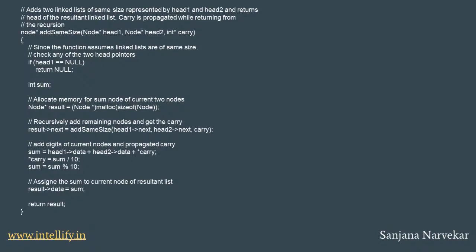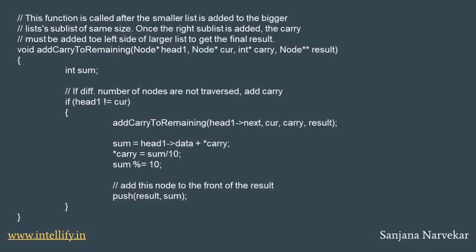The algorithm and understanding it on the diagram is very easy, but some of us have problems in writing code, so I have even given you the comments of the code, so it will be easy for you to understand why I have written the step and what it is for. Now here also it is add carry to remaining.